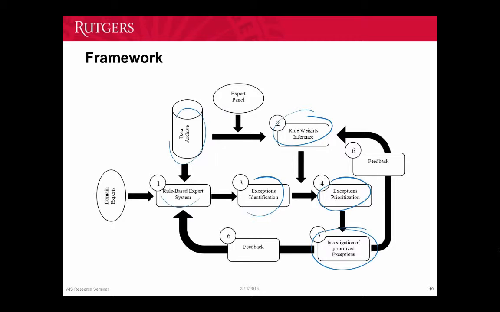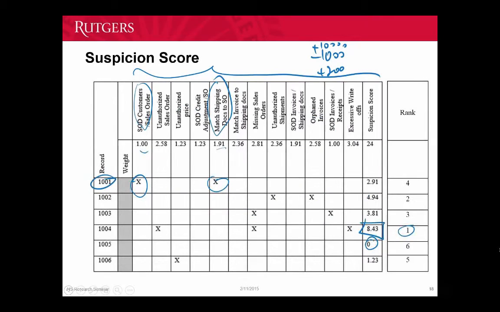If one of them has a suspicion score of, like this one here, 8, let's say they look at those two and they need to only look at 2 cases, which ones are they more likely to look at? The 8.43 and the 4.94. So if you think about it like Gmail, again, which one is Gmail going to place in spam?